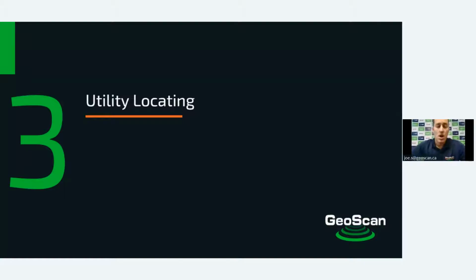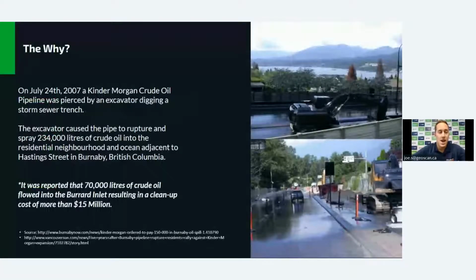So moving on to the main topic of today's webinar, utility locating. Let's start with the why, the problem. Why locate utilities? I just use this as a classic example of excavation gone wrong, shall we say.